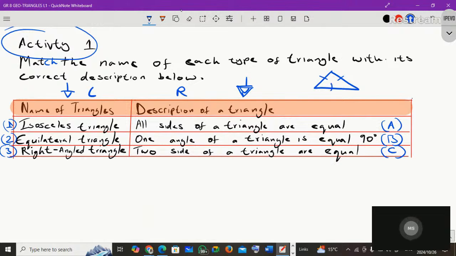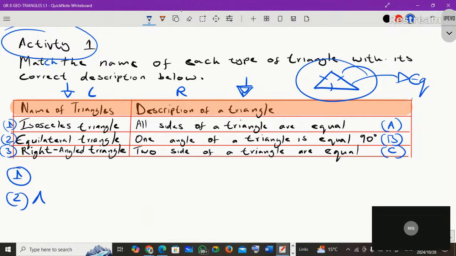All the sides of this triangle are equal. In grade 7, you were calling this triangle an equilateral triangle because all sides are equal. I hope it makes sense. So that means A goes with what? A doesn't go with number 1, but A goes with number 2. Are we together? So A is matched with number 2.